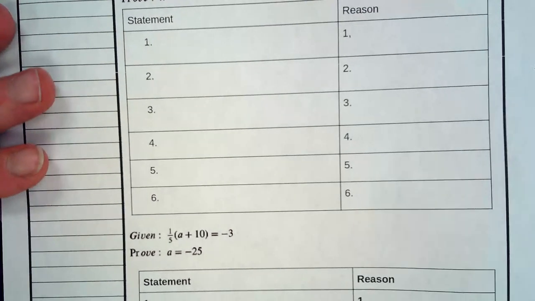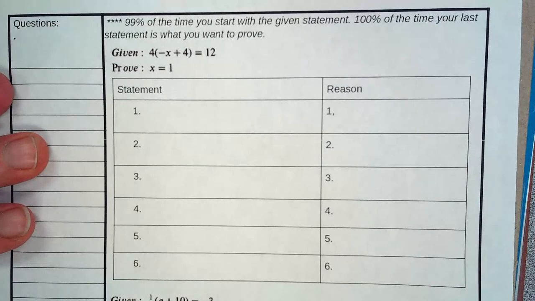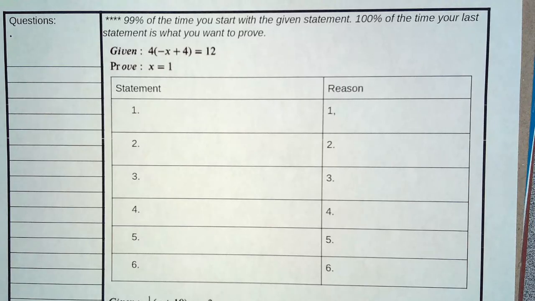Okay, so when you're looking at proofs, 99% of the time you start with a given statement. 100% of the time, your last statement is what you want to prove. So you're going to be able to always put in the first statement and reason and the last statement before you even get started.